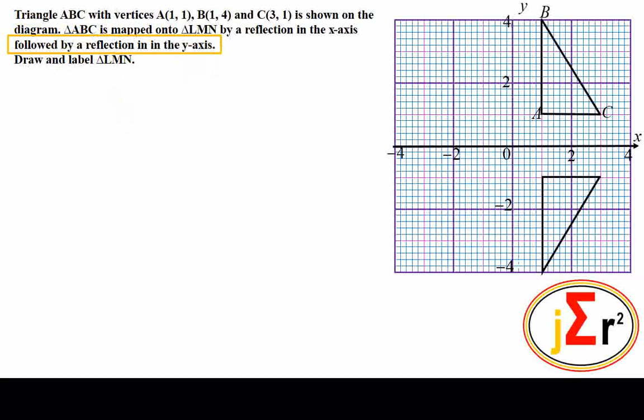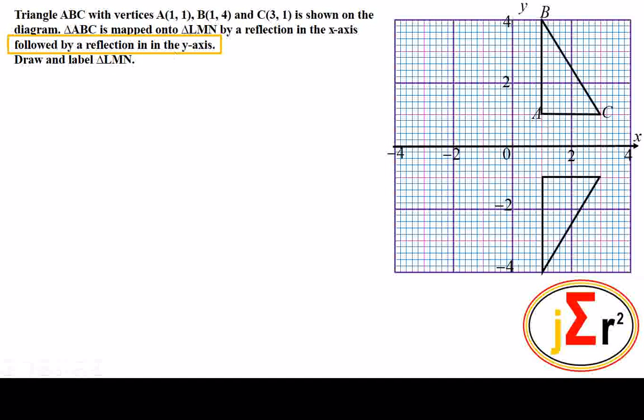Then we will go ahead and reflect the resulting triangle in the mirror line, which is on this occasion the y-axis. So we have it here, followed by a reflection in the y-axis.